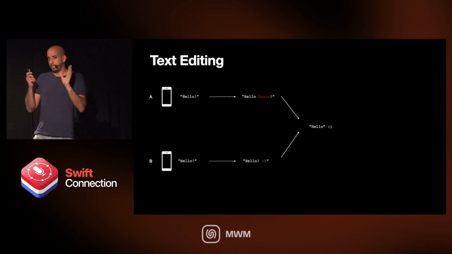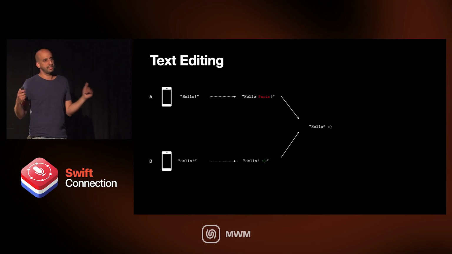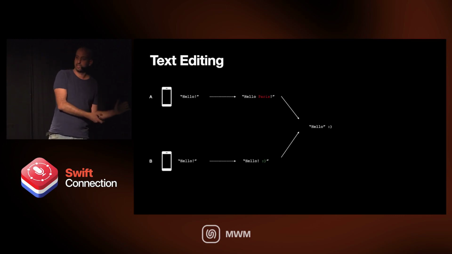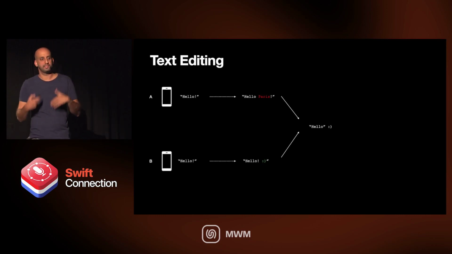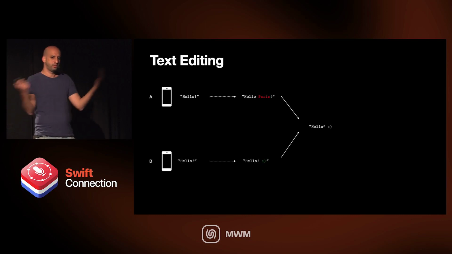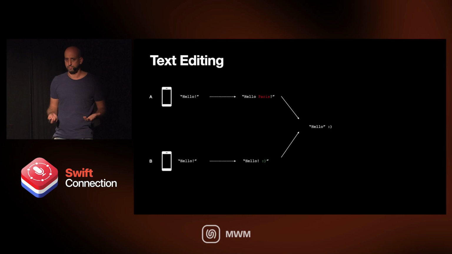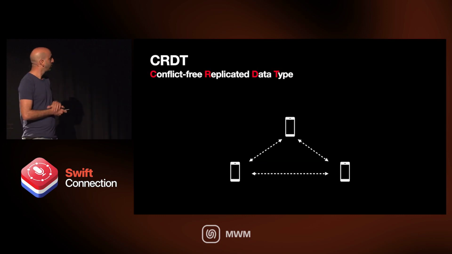And the reason that it happens is because we are syncing entities to our servers. We create or modify the entities offline, and then we sync them to the server. And that causes issues, because the server receives 2 entities that collide, and it doesn't know what to do with them. So that's why we have something called CRDT.